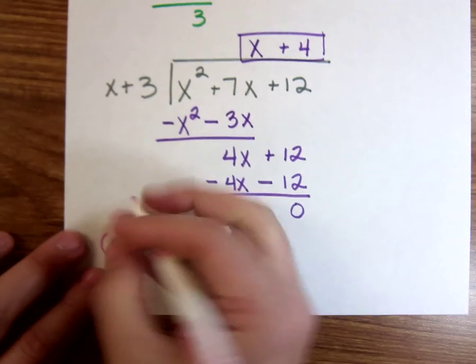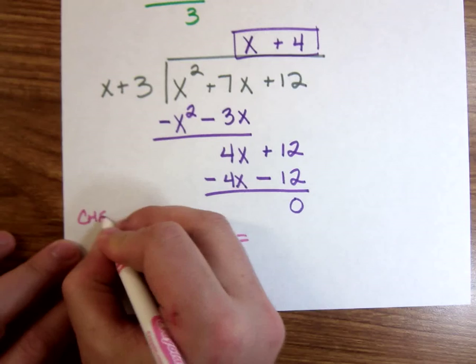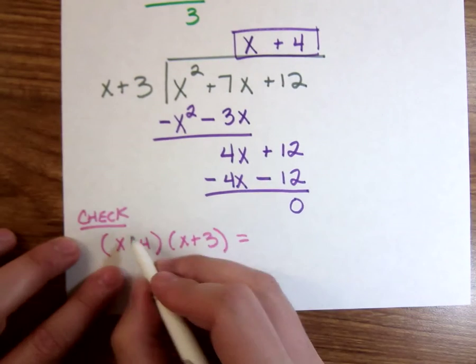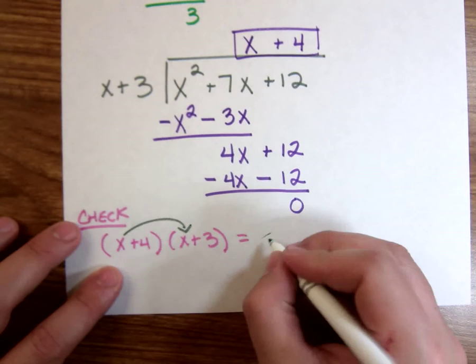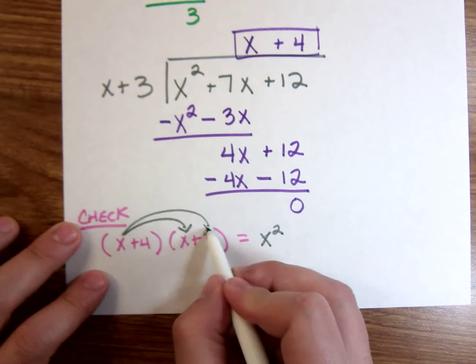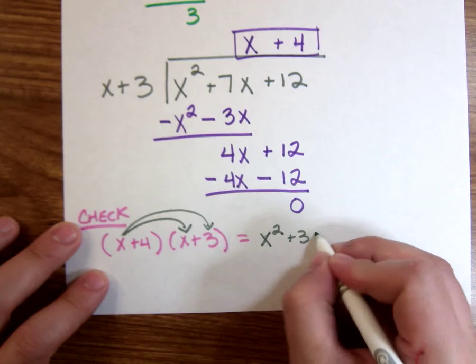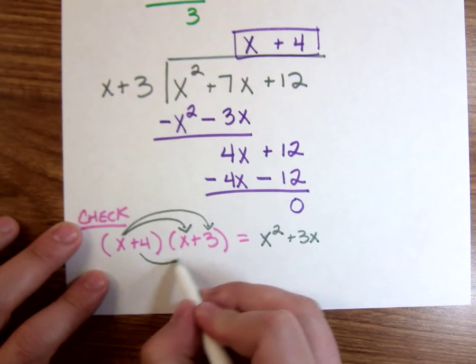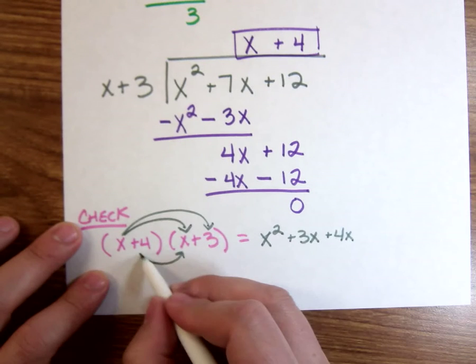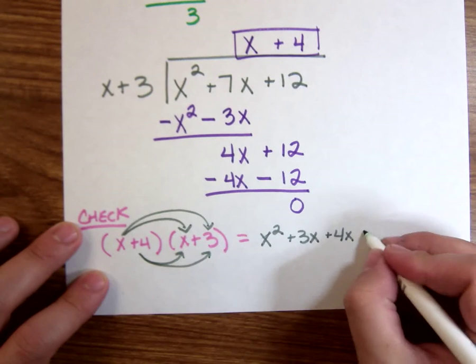x times, let's specify that we're checking our work now. x times x is x squared. x times 3 is 3x. 4 times x is 4x. 4 times 3 is 12.